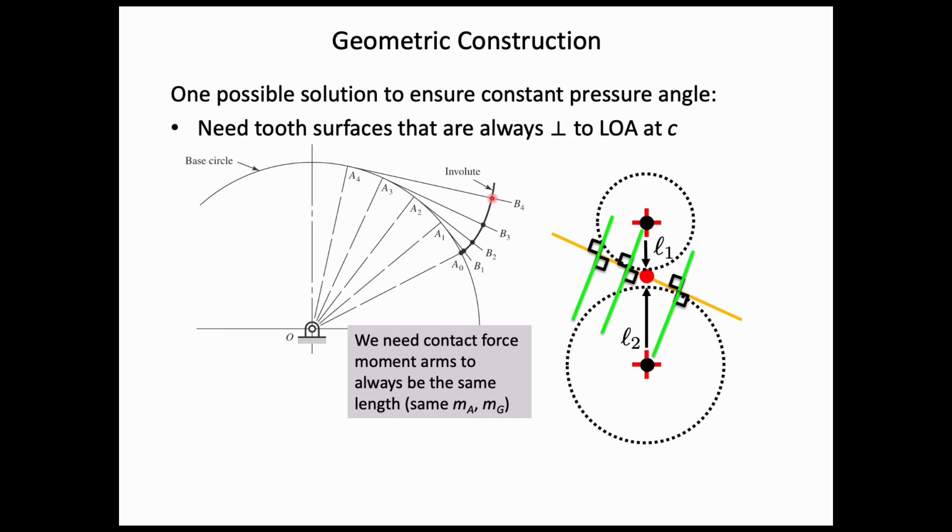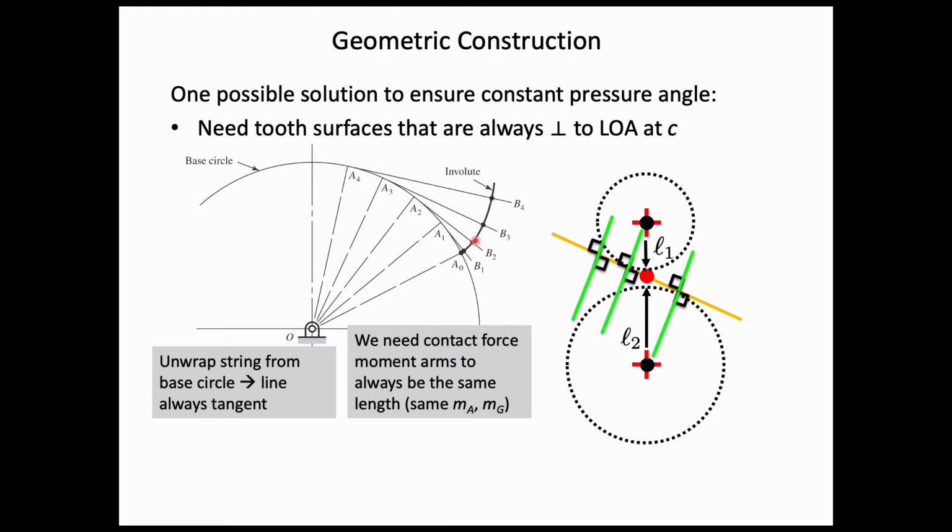And this is a special curve called an involute. We can have a look at the properties of this involute to see whether it supports the requirements for a constant speed ratio. One main thing to observe is that if we use this geometric construction approach of unwrapping a string from the base circle, the line that connects the point at the end of the string to the base circle is always tangent to the base circle.